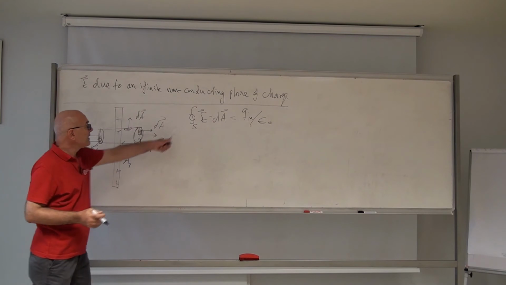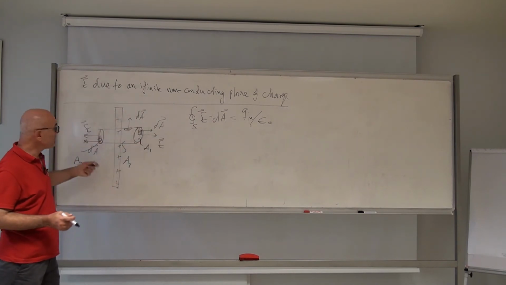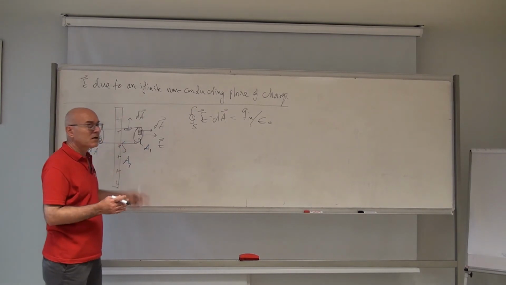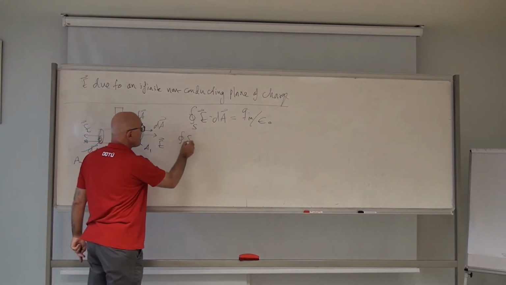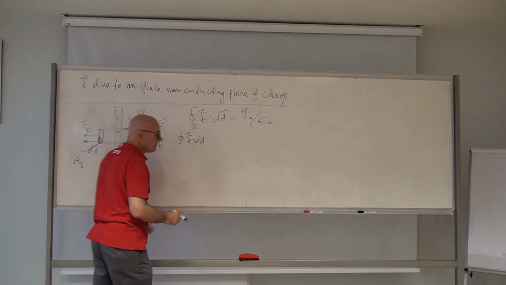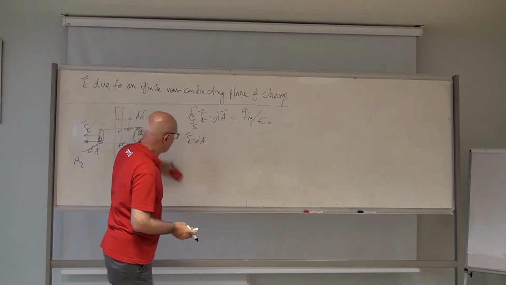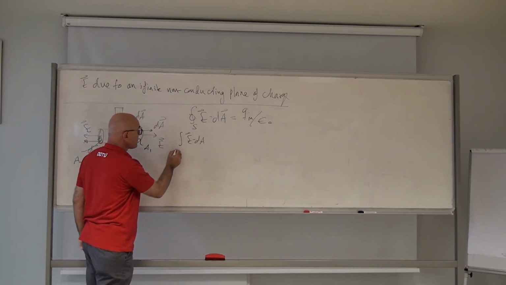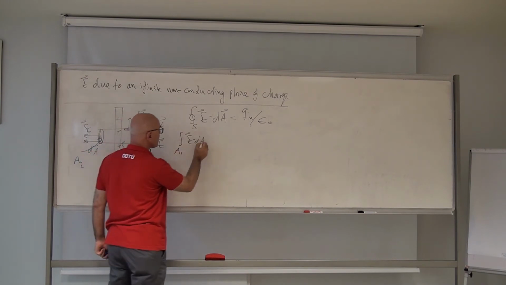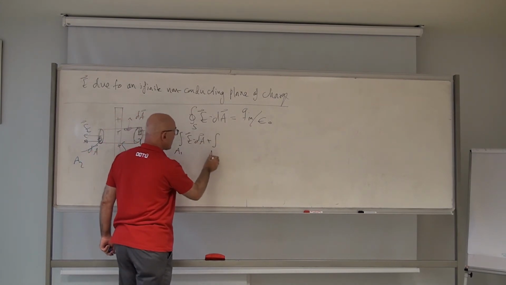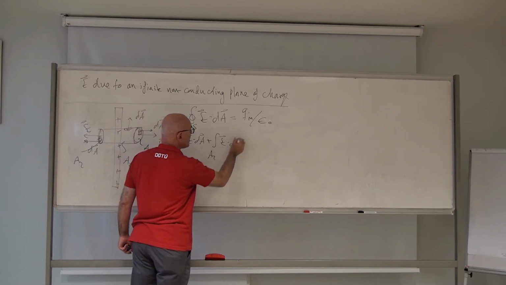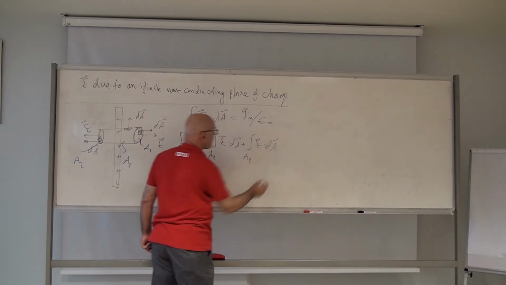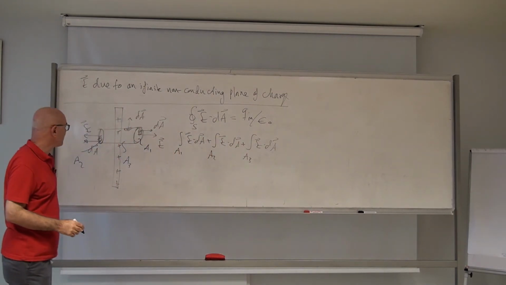Therefore, the integral over the closed surface can be decomposed into 3 integrals, each over one of these open surfaces. So this equals the integral of E dot dA over A1, I should not put a circle now because it's not closed, plus the integral over A2 of E dot dA plus the integral over A3 of E dot dA.